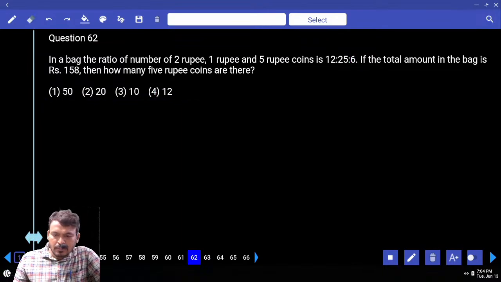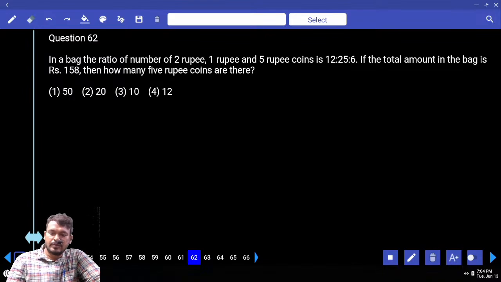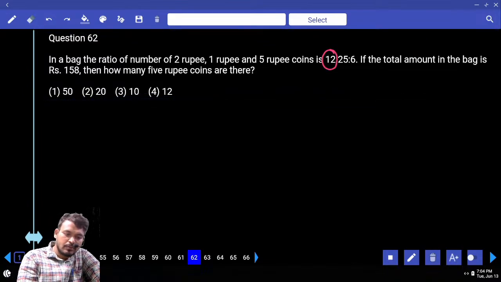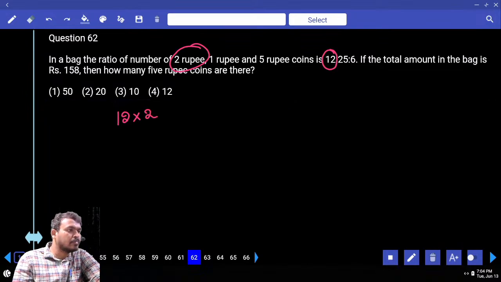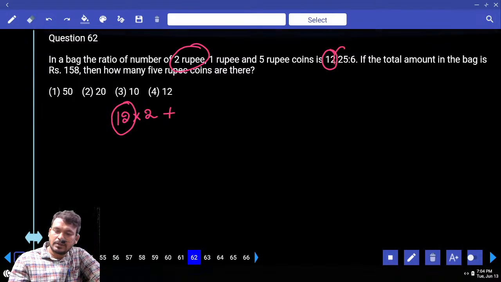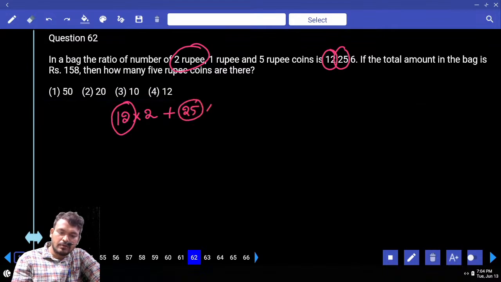Or suppose we consider 12 coins of 2 rupees. What is the denomination? 12 into 2 is 24. Plus 1 rupee coins are 25, means 25 into 1 is 25.